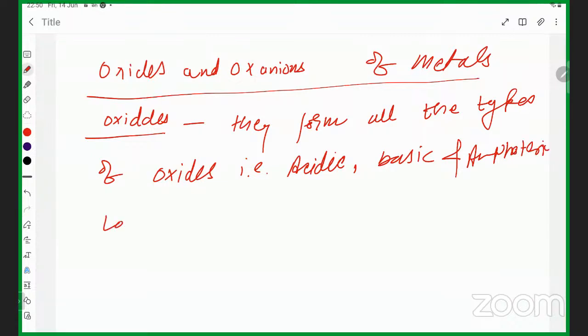If you talk about lower oxides, can you tell me what their nature will be? Any idea about the lower oxide? Will they be acidic or basic or what?